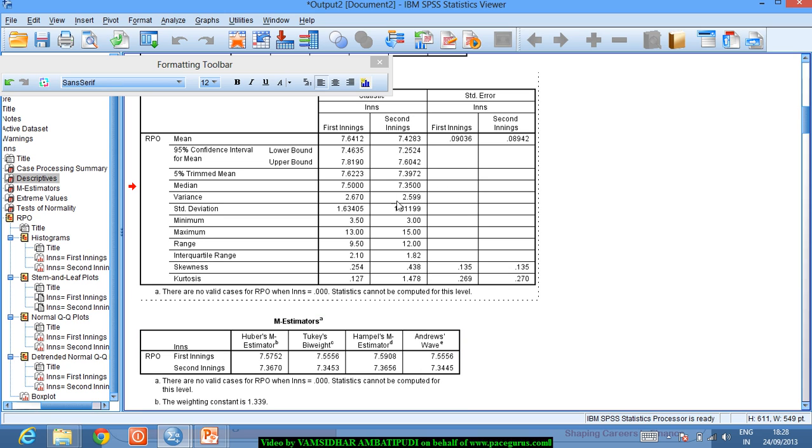All of them are revolving very closely around the median compared to the mean.